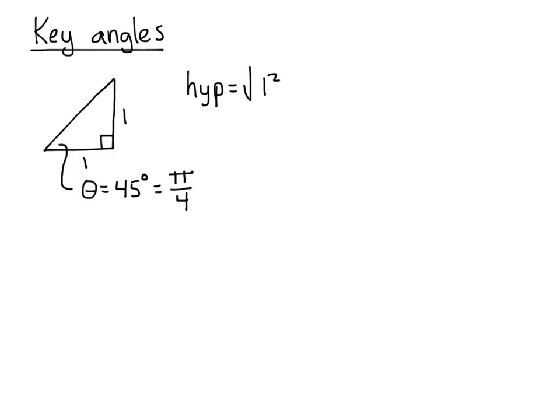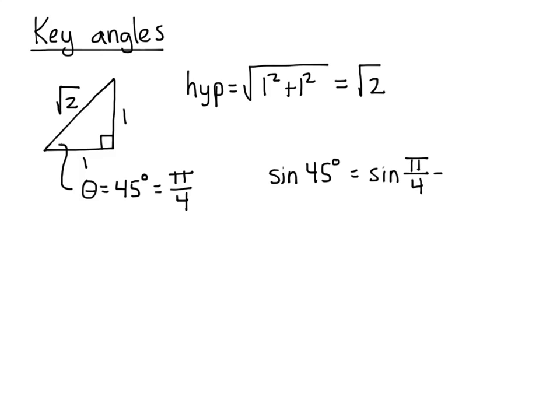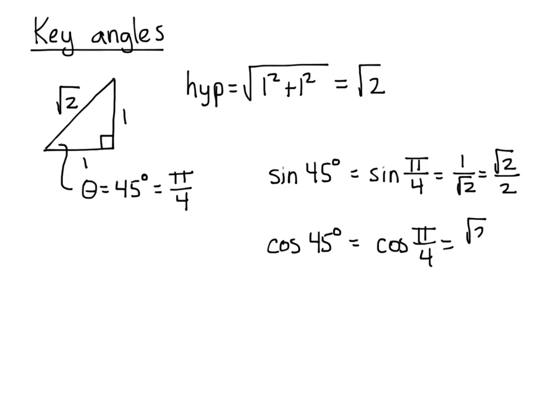And so you can lay this out as having 1 as each of the bases, and so your hypotenuse becomes square root of 2, and so the sine of pi over 4 is going to be square root of 2 over 2, and the cosine is going to be exactly the same thing, square root of 2 over 2, cosine of pi over 4.